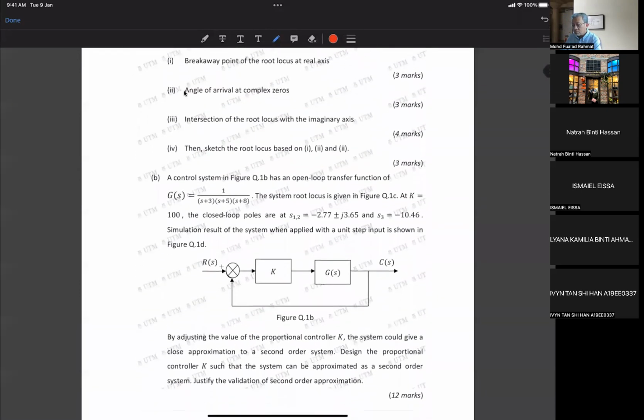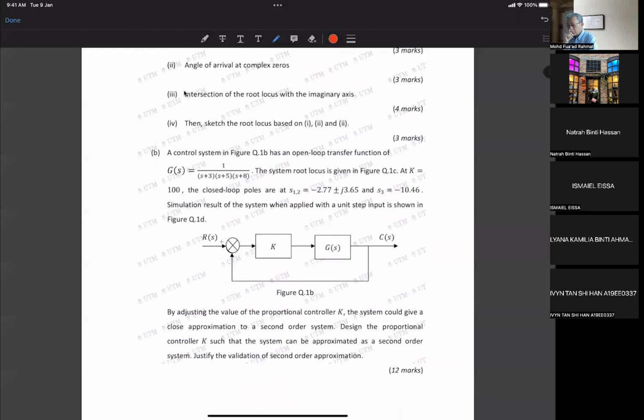B, the control system in figure Q1B has an open loop transfer function of G(s) equals 1 over (s plus 3) times (s plus 5) times (s plus 8). The system root locus is given in figure Q1C. At K equal to 100, the closed loop poles are s1,2 equal to negative 2.77 plus minus j 3.65 and s3 equal to negative 10.4.